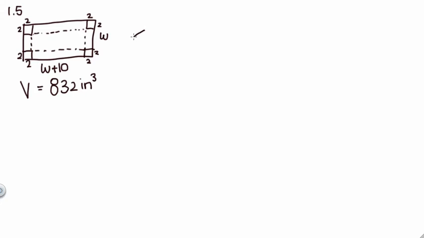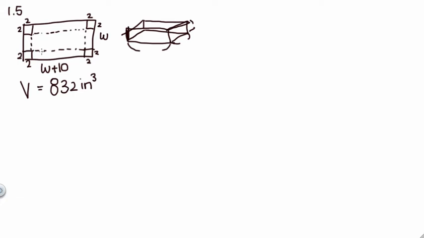So once the box is formed, and let me attempt to draw out this open box. So something like that. Okay, good enough, right? So we have this box. We want to know what this dimension is, what that dimension is, and also what this dimension is, right? Just keep in mind where it came from.